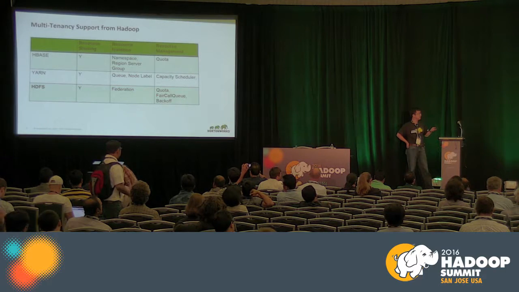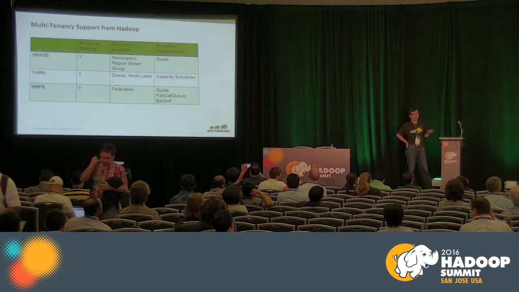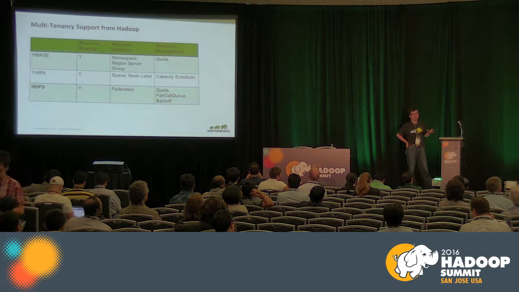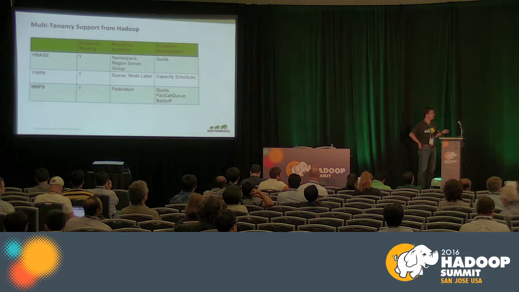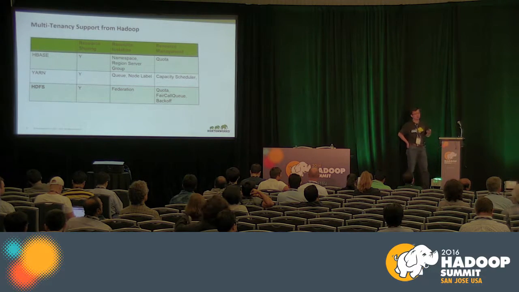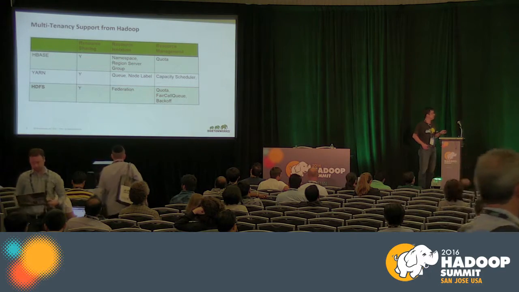And it also supports resource management with quota. So you can limit the number of tables within the namespace. You can limit the number of region servers that can be used for some namespaces. And also you can group the region servers into a region server group. That's another very important feature to support the resource isolation of the tables.